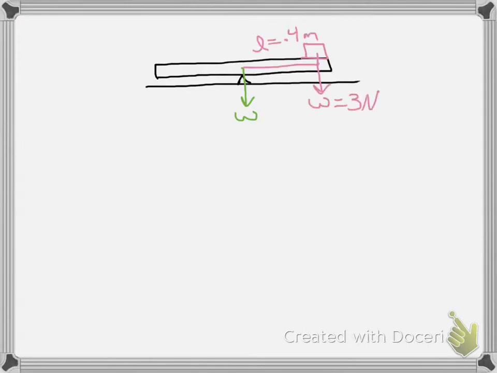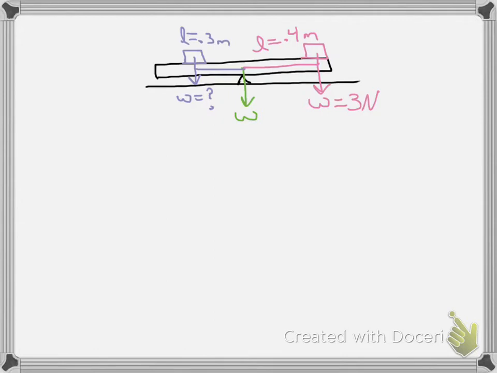But in the previous example, we looked at two masses that had the same magnitude and they were the same distance from the pivot point. Here I want to look at two masses that are not the same. Let's start out with a 3 Newton weight on the right side at a distance of 0.4 meters from the pivot point. And then we'll put another mass on the left-hand side at a distance of 0.3 meters from the pivot point.